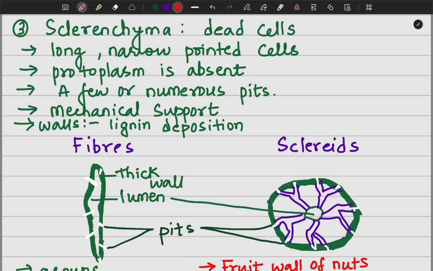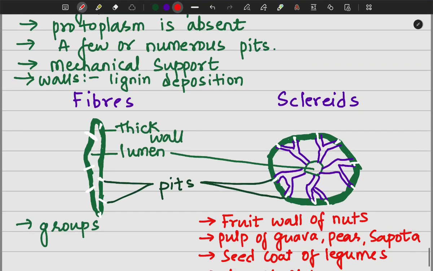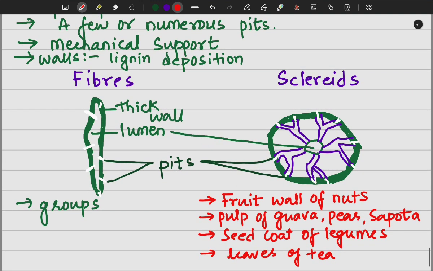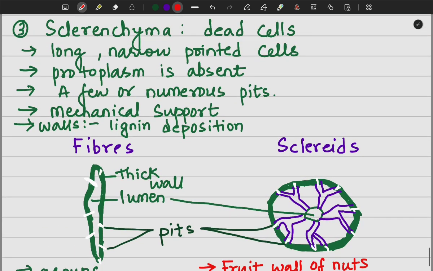They are of two types based on their shape, fibres and sclereids, which we understood with the help of a diagram, and also their functions and where they are found. So sclerenchyma are mainly responsible for the mechanical support in plants, and their cell walls are deposited by lignin. Lignin deposition is present in the cell walls. Protoplasm is absent.